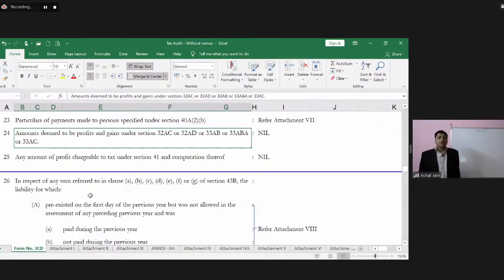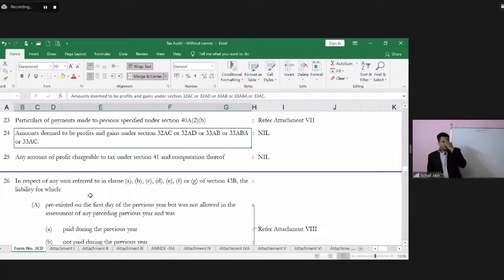Any amount of profit chargeable to tax under section 41 and computation thereof. This is again possible by reviewing the P&L, because in the P&L any sort of such income will be reviewed by the auditor.